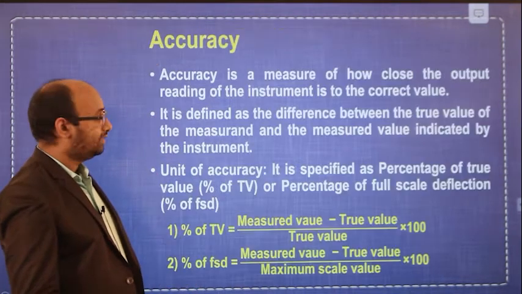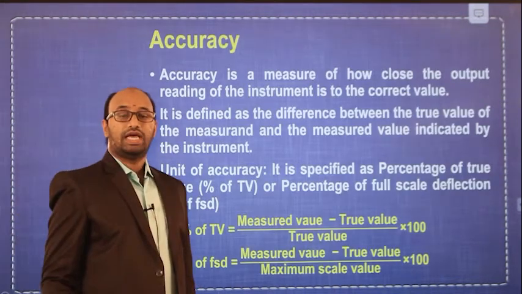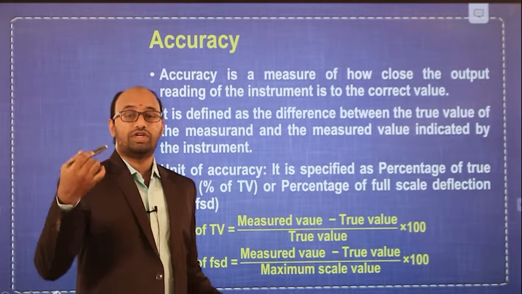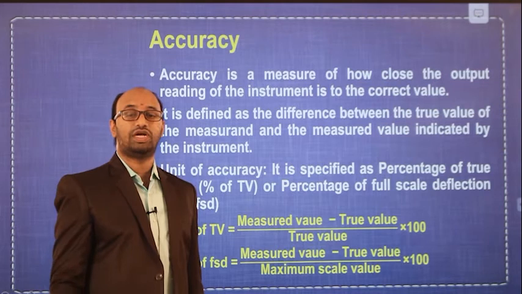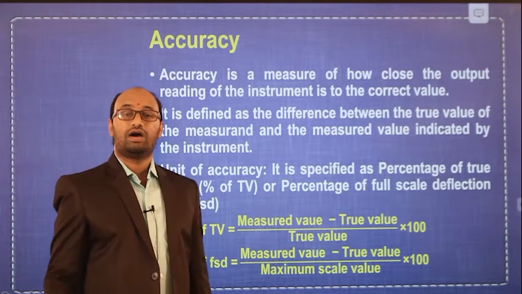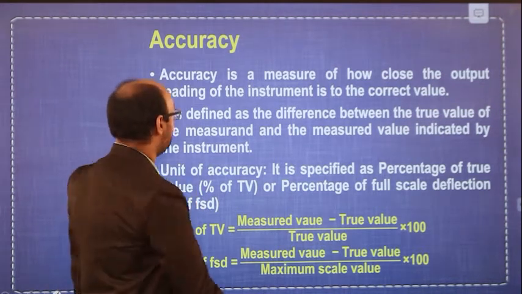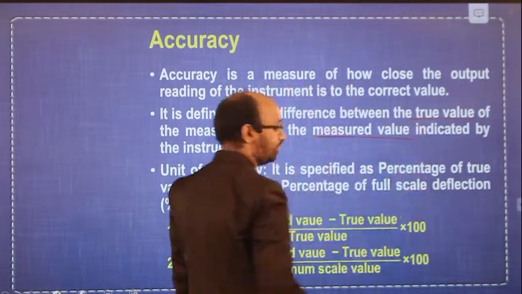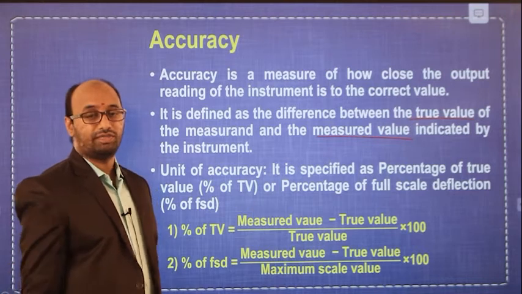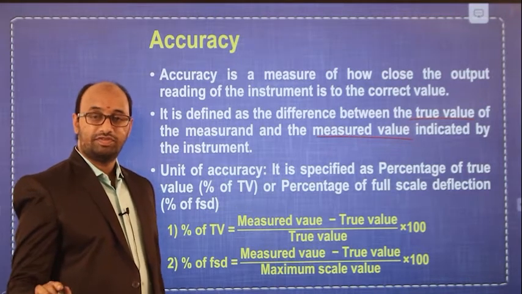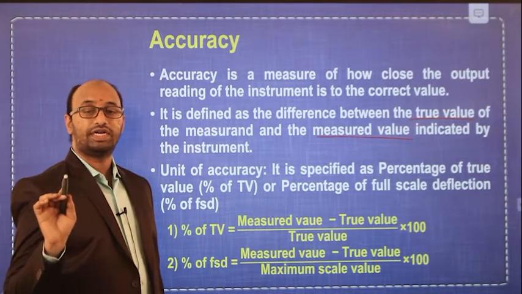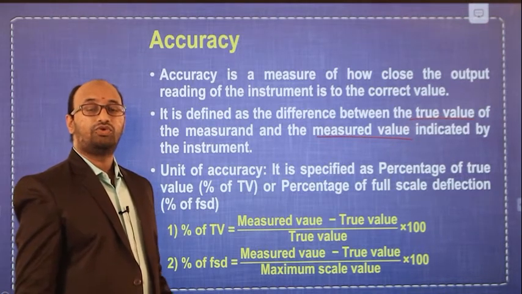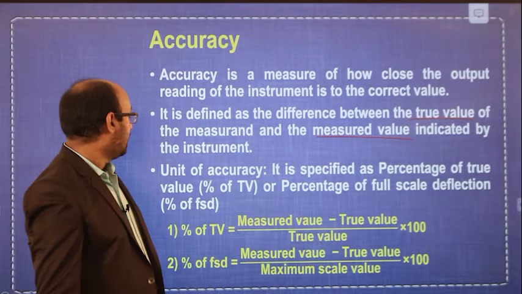The first is accuracy. Accuracy gives us information about to how much extent the measured value is close to the standard value, or it is defined as the difference between the true value and measured value of the physical quantity being measured by the instrument, that is, the measurand.